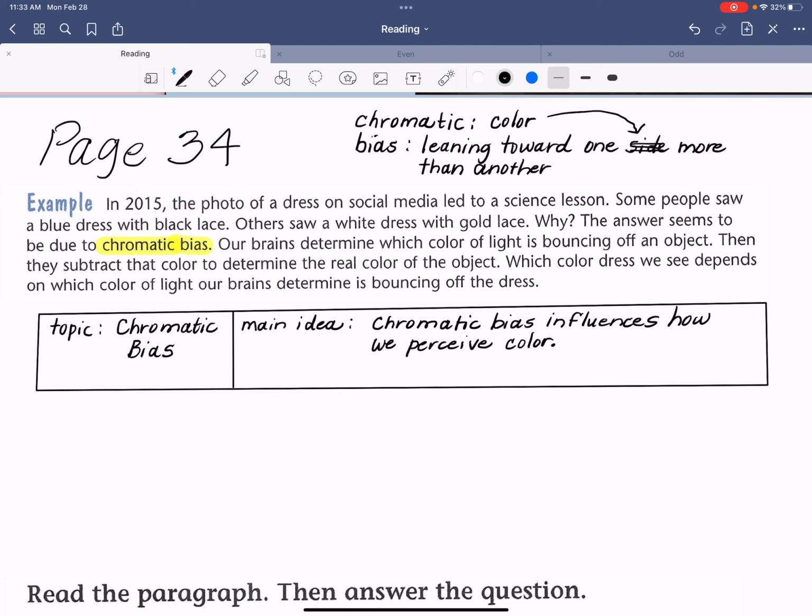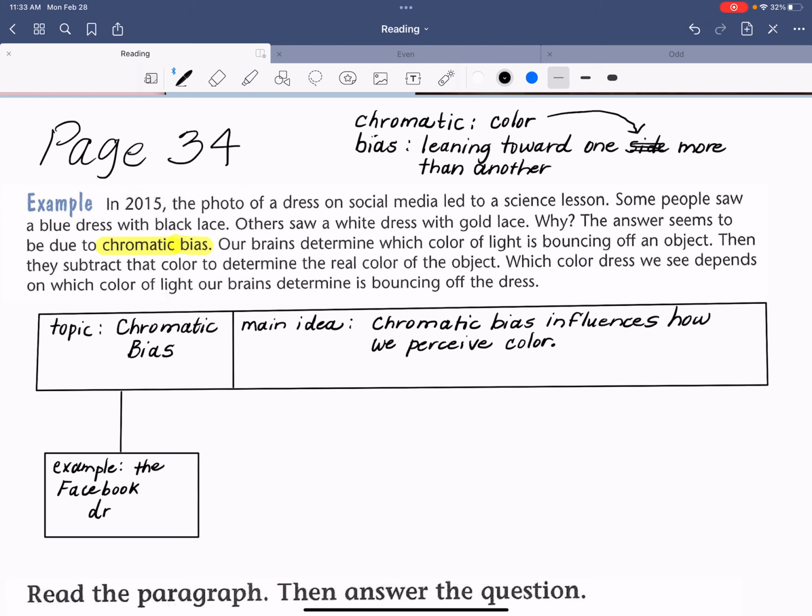Okay, and then they give us an example of this blue, I'm just going to call it the dress. And I remember this picture, it was all over Facebook, where you look at this picture, some people see a blue dress, some people see a white dress.